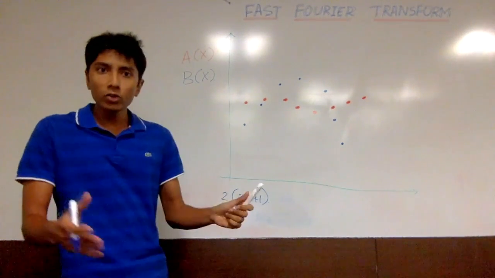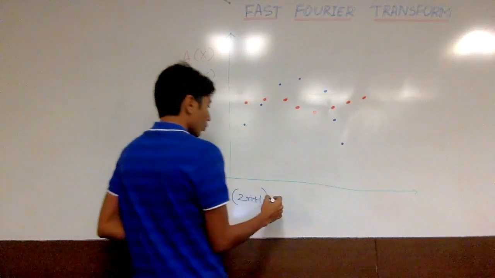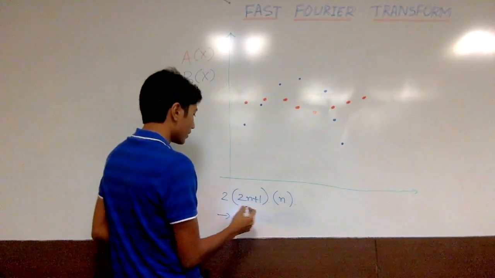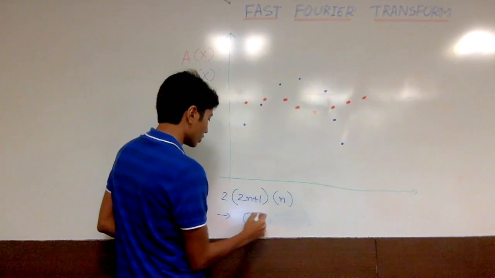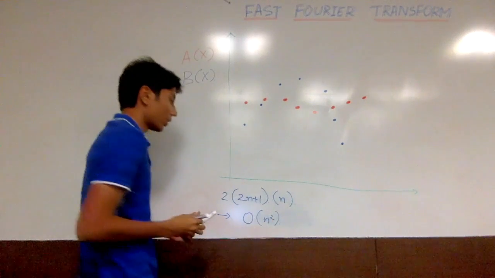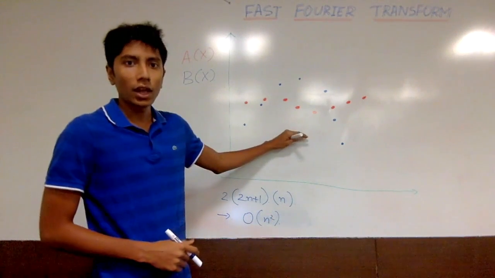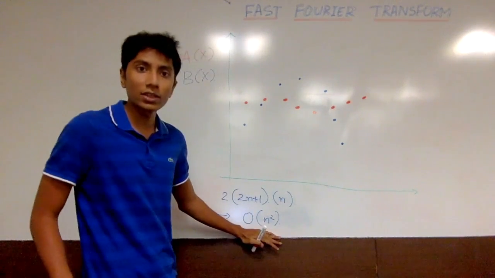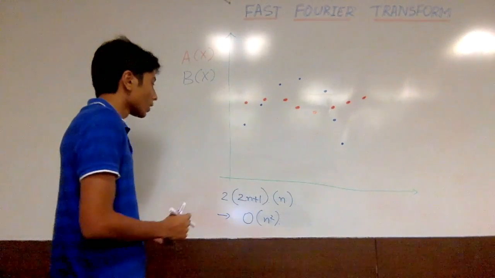So computing the value just using Horner's rule would be order n. So that's n computations, and that in turn gives you n square computations. Alright, so you would get the points, and after that you could do everything, but the problem is this is n square itself, so why not go for the brute force algo?